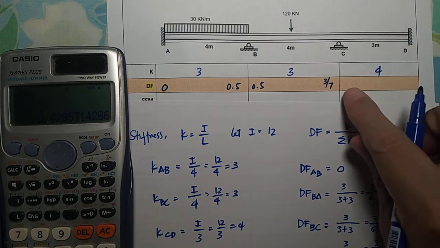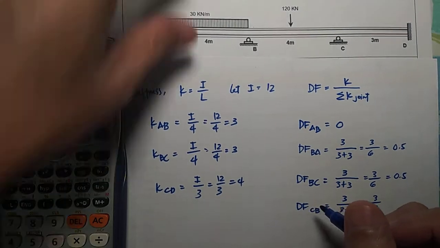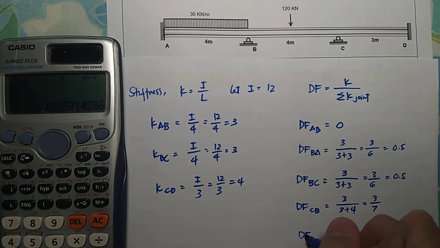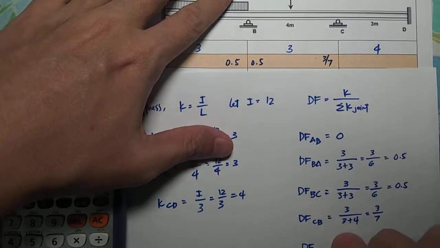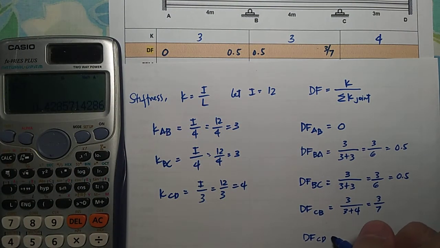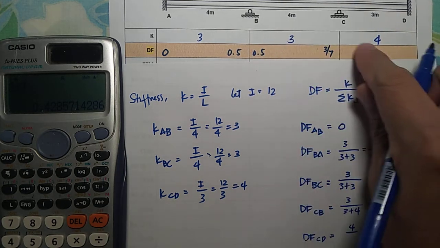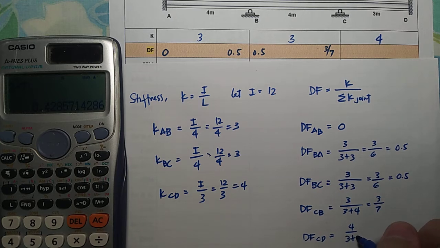The DF on CD is 4, the stiffness here, divided by the summation of 4 plus 3. So that is 4 over 7, in fraction form.